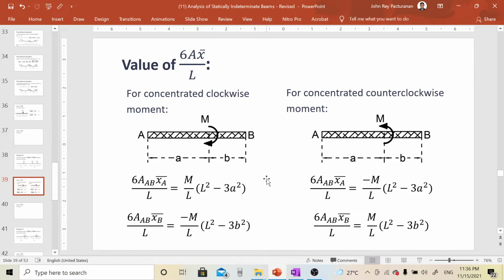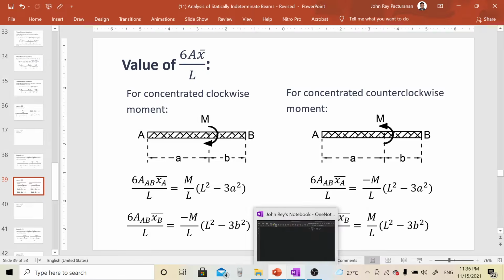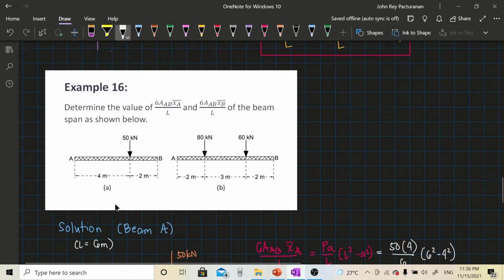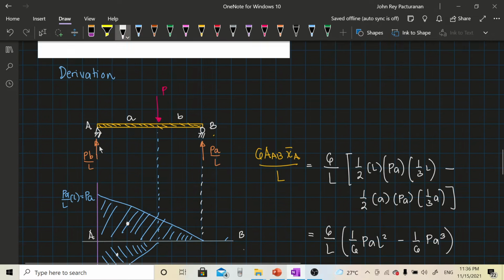Okay? So, you can derive this, no? Wala namang pipigil sa inyo na mag-derive niyan. But of course, para makatipid na tayo sa oras, I will now skip the derivation. I already taught you naman kung paano siya. Again, yung assumption sa derivation, yung ating span is simply supported.